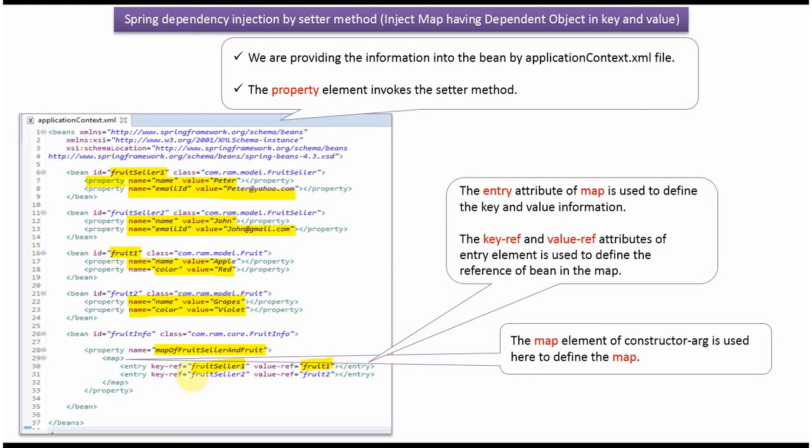And in the second key value pair, the key is fruitSeller2, this one, and the value is fruit2, which is this one. Both are dependent objects. The map element is used to define the map and the entry element is used to define the key value pairs.